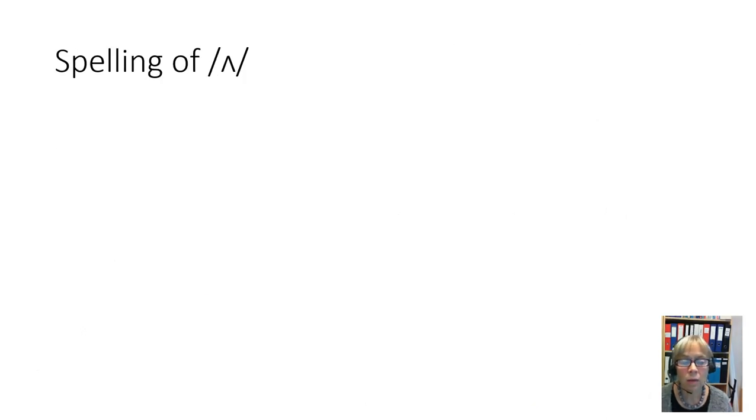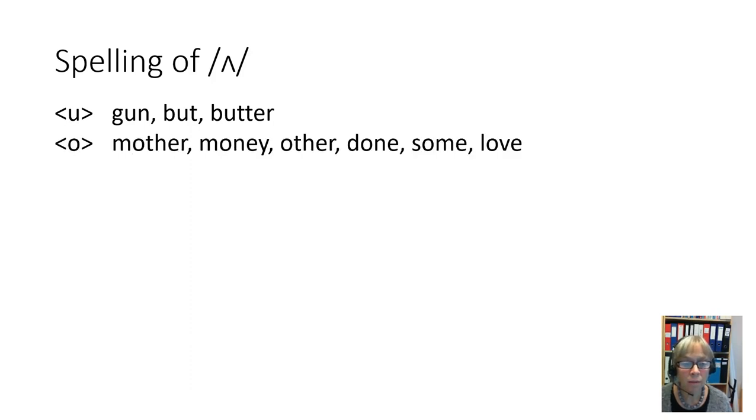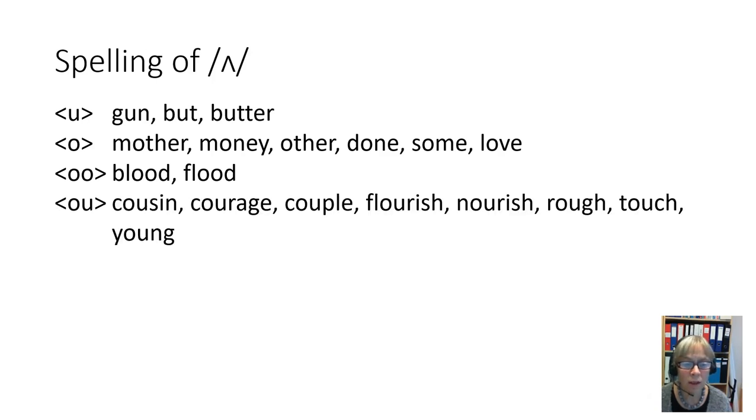So let's dwell a little bit with the short u. It's often spelled with a U, as in gun, but, butter, or an O, mother, money, other, done, some, love, or double O, as in blood, flood, or OU, as in cousin, courage, couple, flourish, nourish, rough, tough, young.